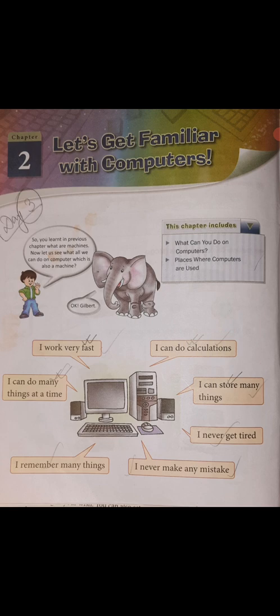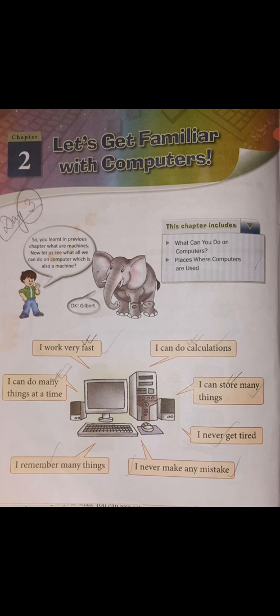The fourth point, I can do calculations. As a computer is a machine, it has a calculator. We can easily do some difficult calculations in an easy way. And the fifth point, I can store many things.